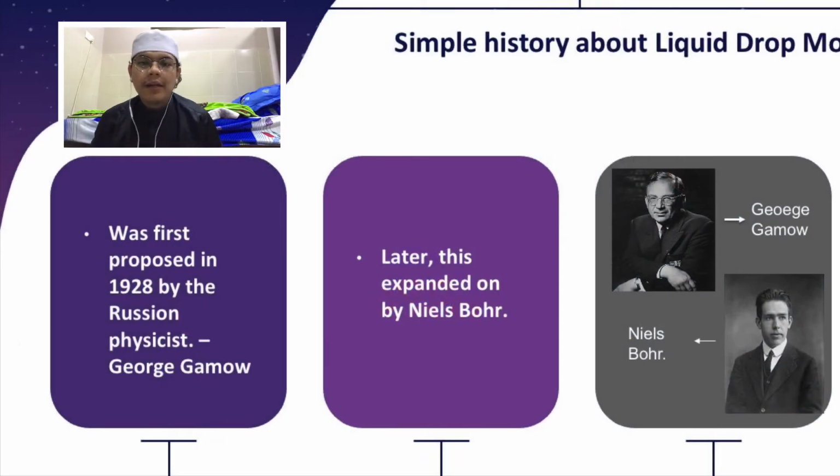Okey, so kita akan beralih kepada slide yang kedua iaitu the history of liquid drop model. So kita nak tahu juga macam mana boleh berlakunya liquid drop model ini dalam nuklear fizik. So, the liquid drop model was first proposed in 1928 by the Russian physicist George Gamow, and later expanded on by Niels Bohr, who was inspired by the observation that all nuclei have nearly the same density.